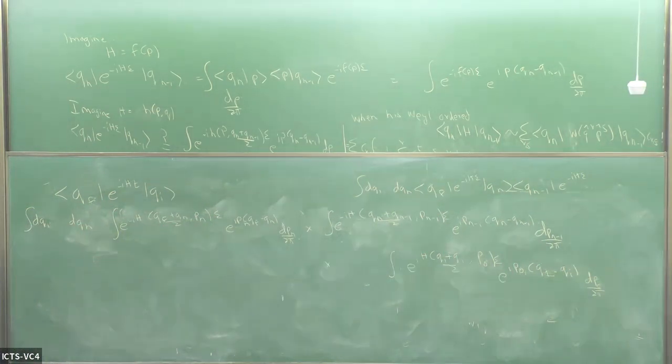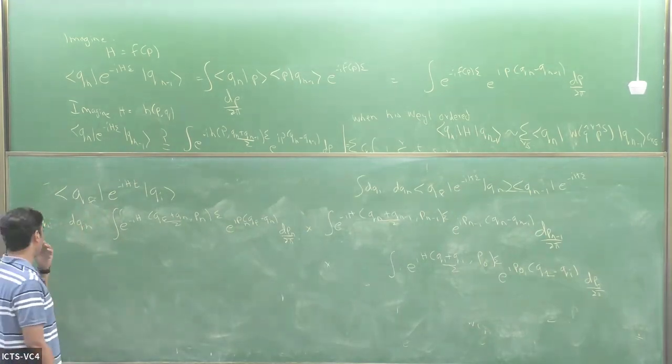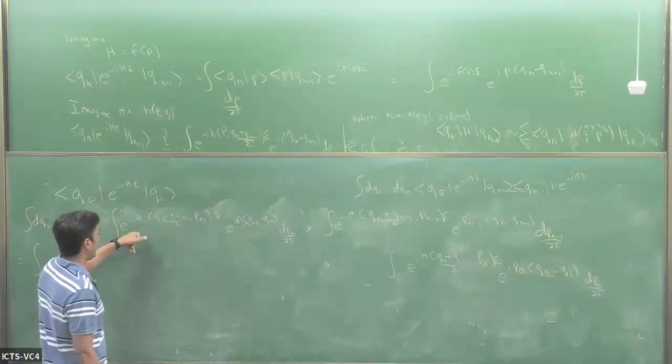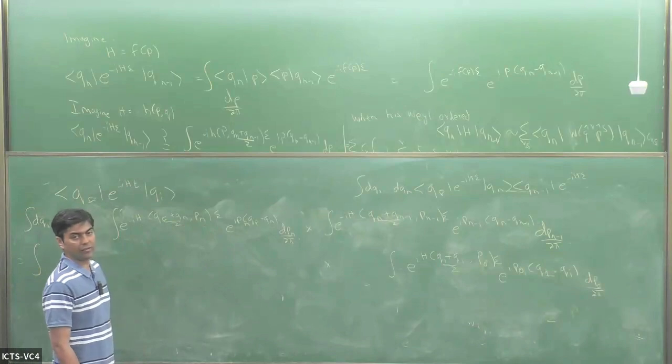So is it clear what's happening here? I can write this as an integral, an integral of a product of integrals. So I can write it as a single integral over all of these, and then multiply all of these integrands together as well.